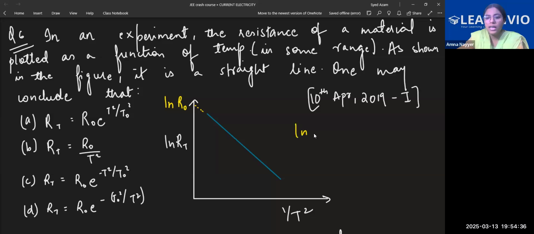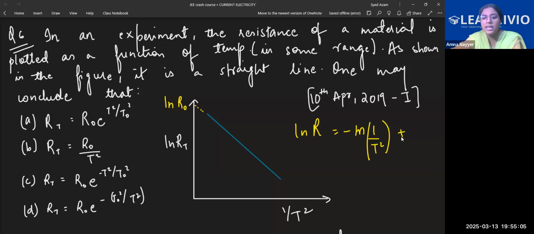So your ln R, which you are calculating, this will be, see, this is negative slope. So we'll take minus m. Since it's a negative slope, we'll take this as minus m. Now x, what's there on the x-axis? We have 1 by T square, right? So this is 1 by T square. So mx plus, what do we write?